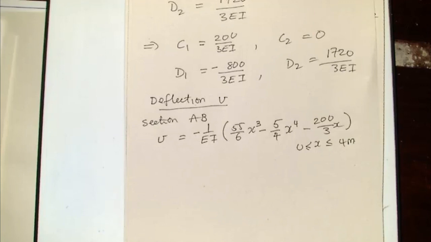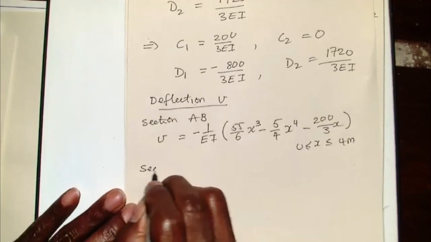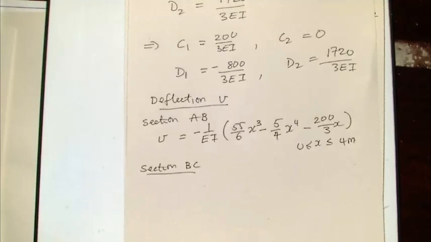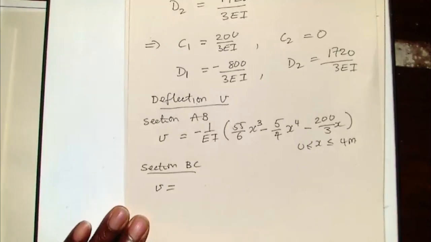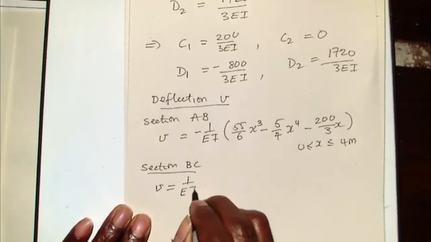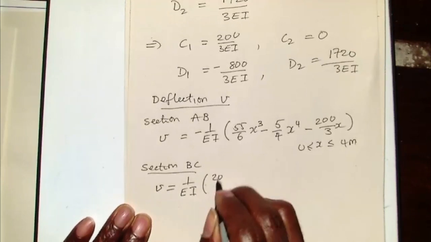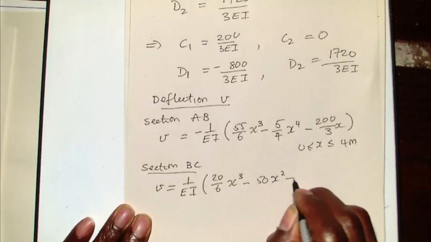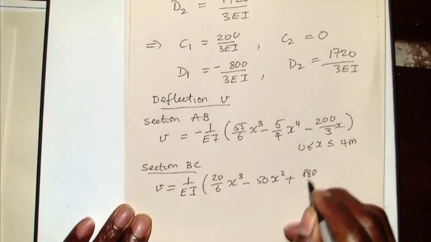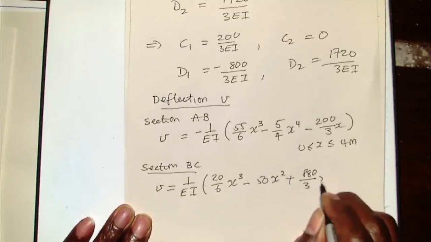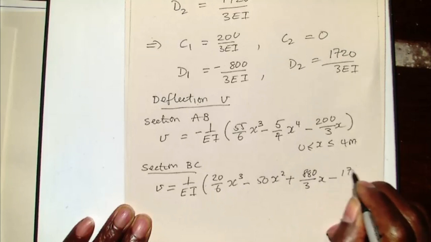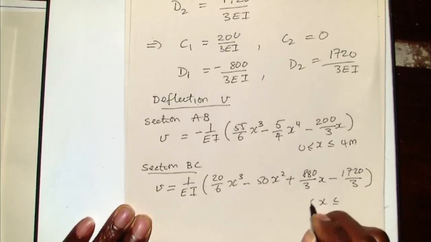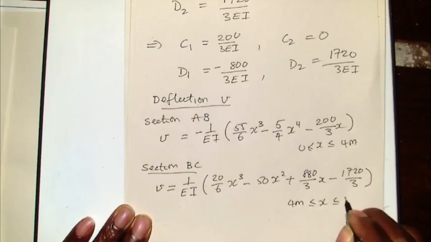If you look at section BC, which is the second one, then V can be shown to be 1 over EI, 20 over 6 x cubed, minus 50 x squared, plus 800 over 3 x, minus 1720 over 3. In this case, x goes from 4 meters to 5 meters.